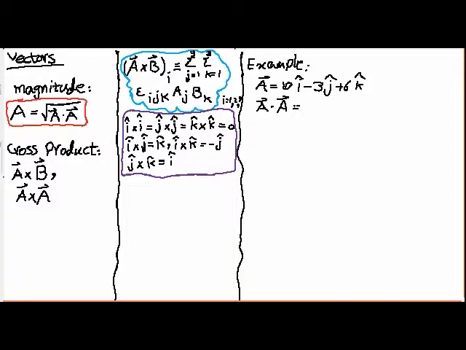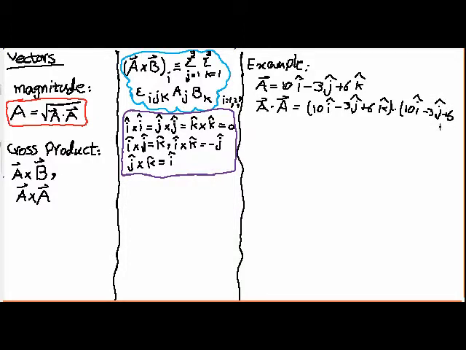I write 10 i hat minus 3 j hat plus 6 k hat, dot 10 i hat minus 3 j hat plus 6 k hat.